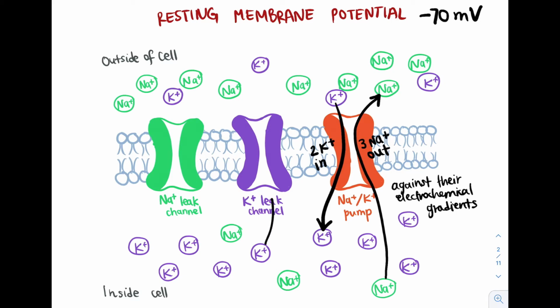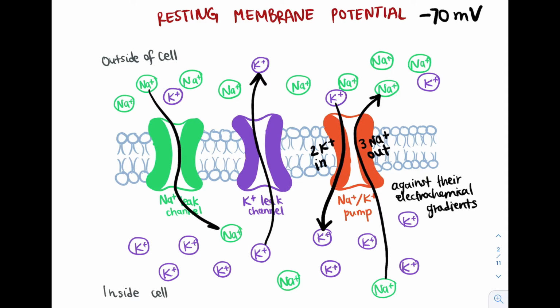Now, potassium ions are also going to diffuse out of the cell through leak channels on the membrane. And since we're moving positive ions out of the cell, we are leaving more negative charge inside the membrane. And finally, there are sodium leak channels along the membrane, but way fewer of them than the number of potassium leak channels.